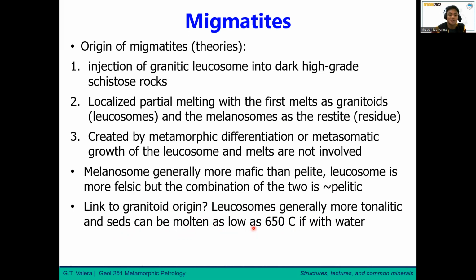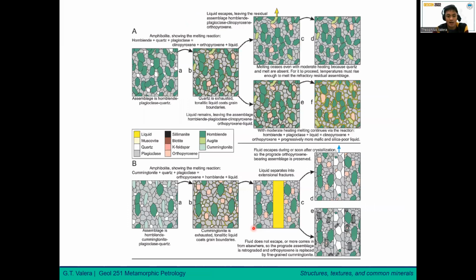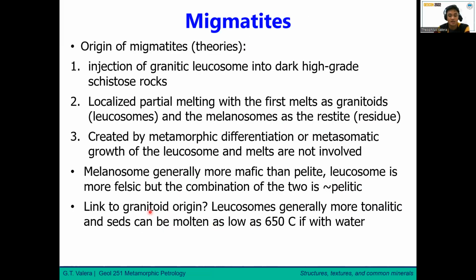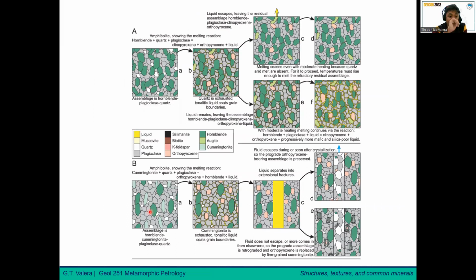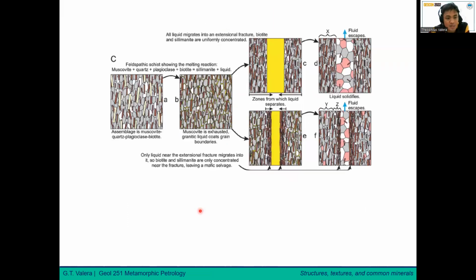Large scale melting is still needed for the formation of granitoids. Here is a diagram from Hollister showing the channelization, and this is the reaction which produces the melt. Sometimes it can be like veins, others can be channelized like this. Just read the diagram there.